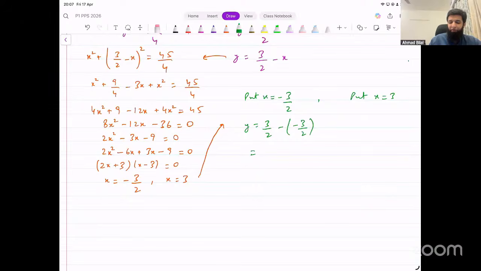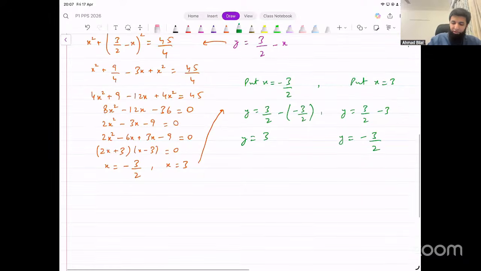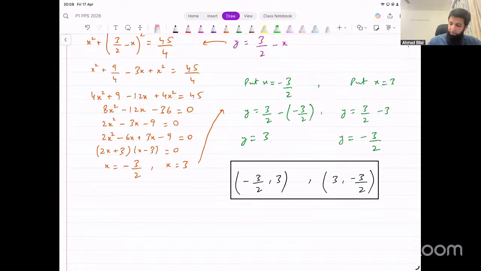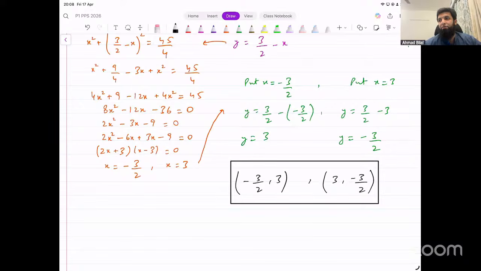That's 3, right? Put x equal to 3, and that gives you 3 over 2 minus 3, which is minus 3 over 2. So the 2 points that we get are negative 3 over 2, 3, and 3, negative 3 over 2. That's the final result that we get. Any issues with this?